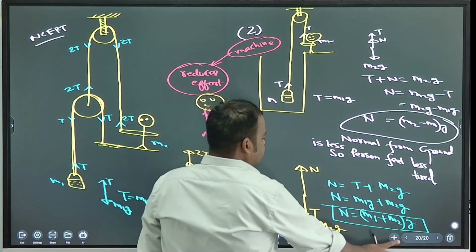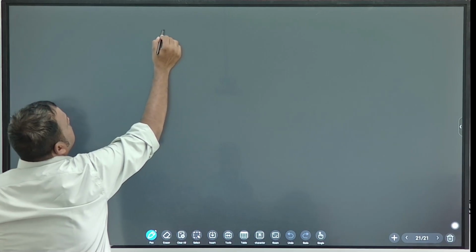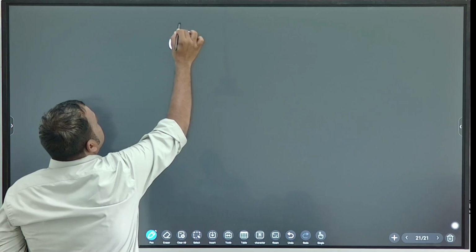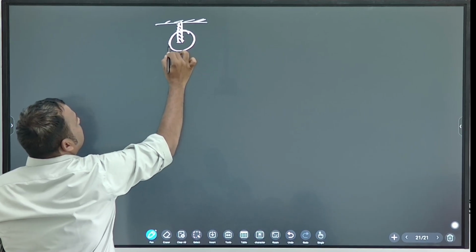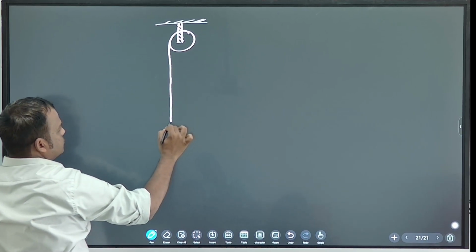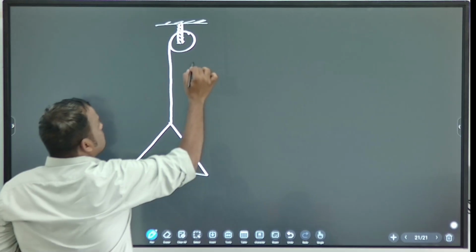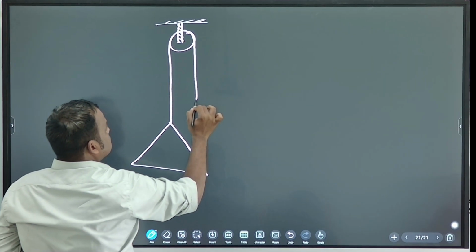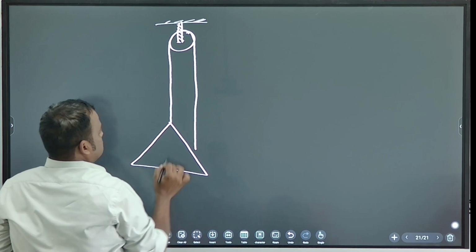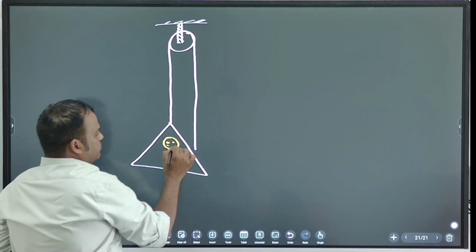Okay, next, one more example. You observe this diagram carefully. You have seen this type of question.